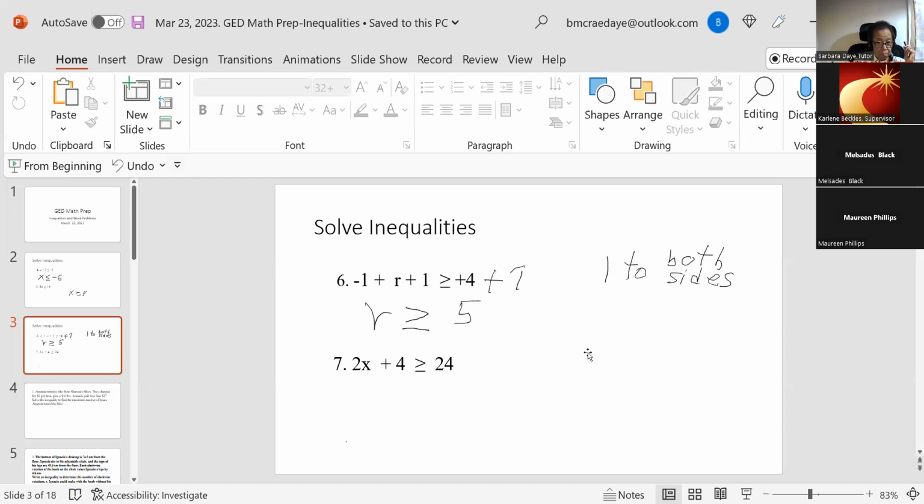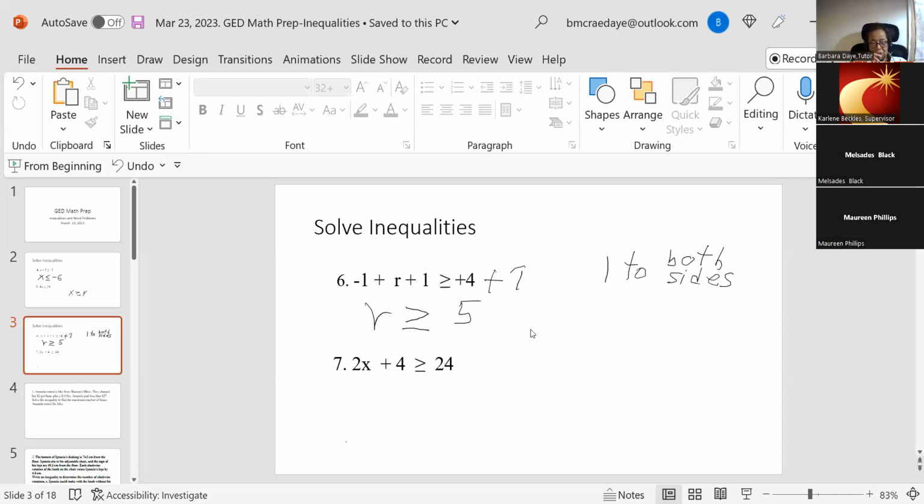Subtract 2x from both sides. Maureen, remember, you've got your X over here. You don't want to subtract that out. You want to leave that X over there. You need to get your 4 with your 24. So what do you do, Maureen? Subtract 4 from both sides. That's it. Subtract 4 from both sides.